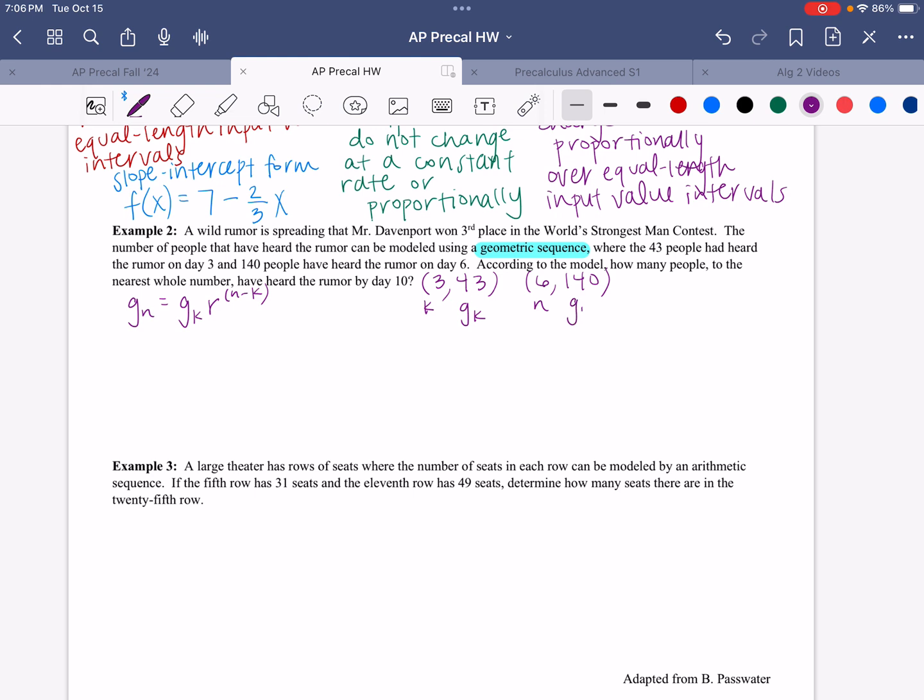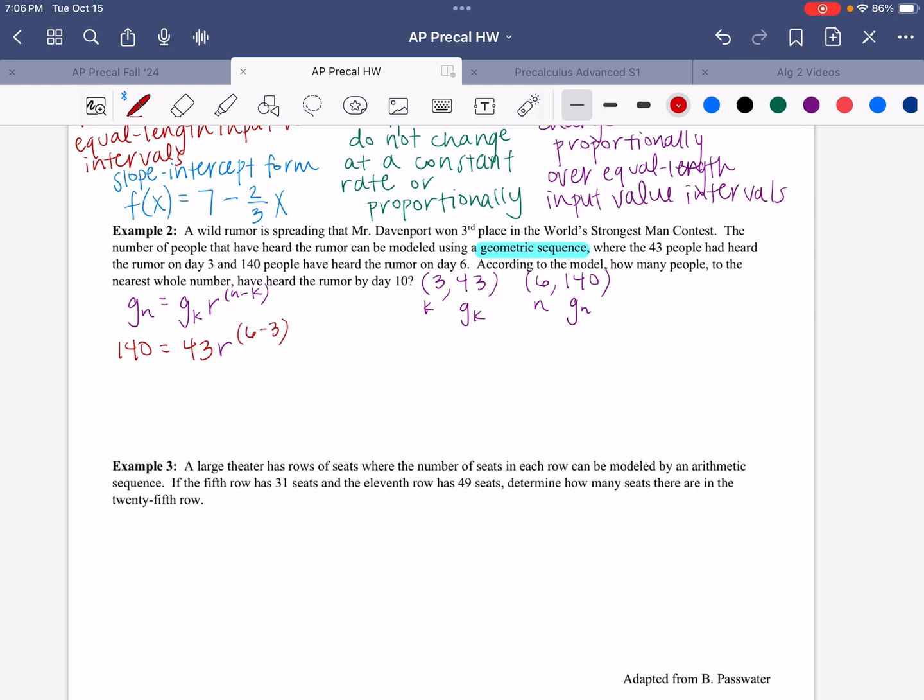Because right now, we don't know the common ratio. So that's our first goal. All right, so 140 people grew from the original 43. The ratio we don't know, and it's raised to the 6 minus 3 power.